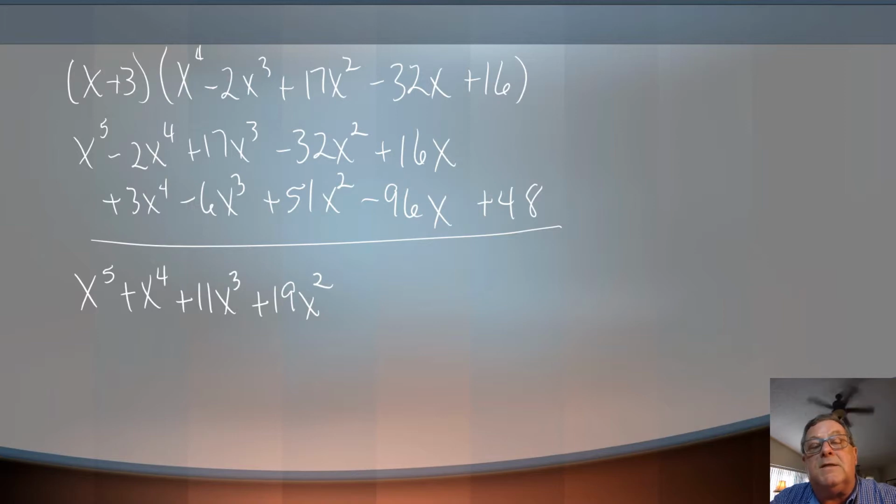16x minus 96x is going to give us negative 80x, and then we got plus 48.